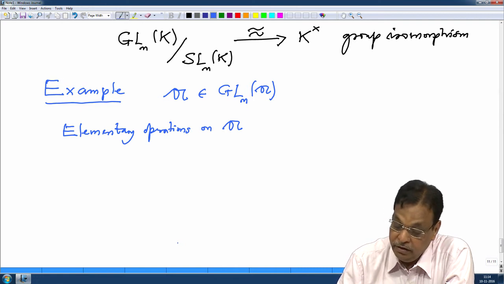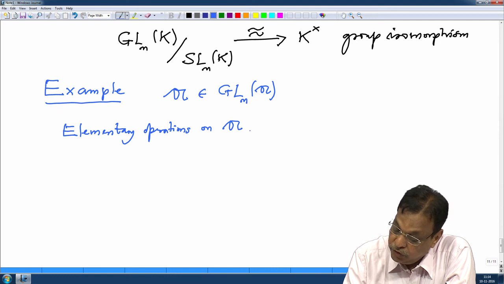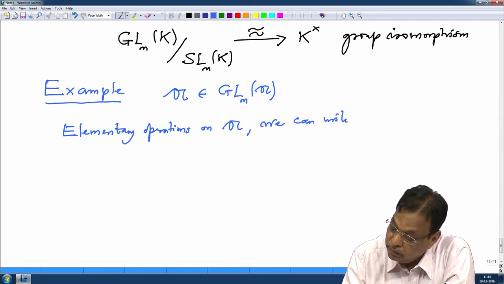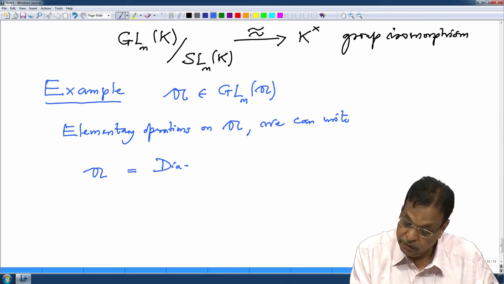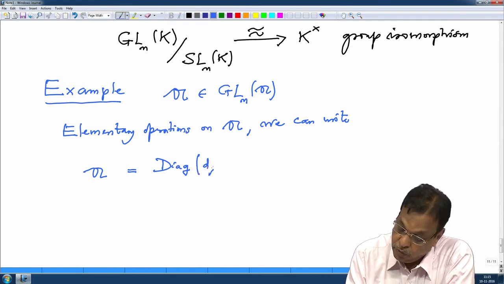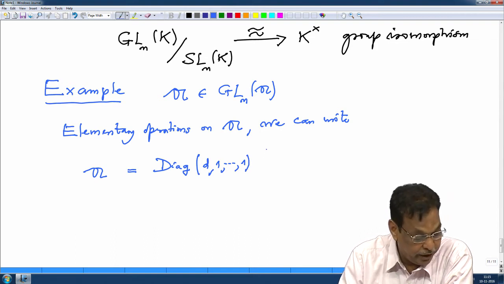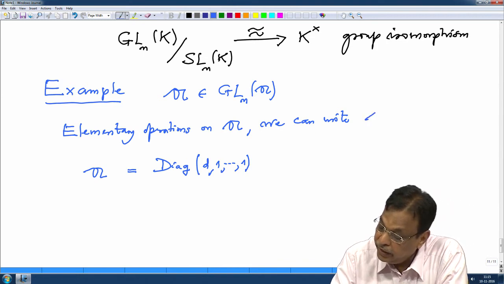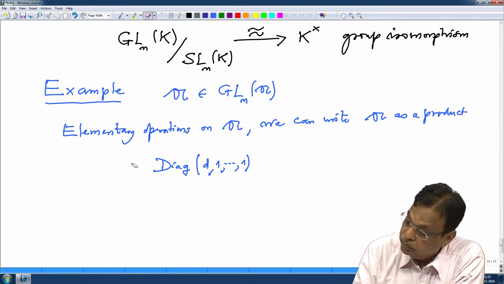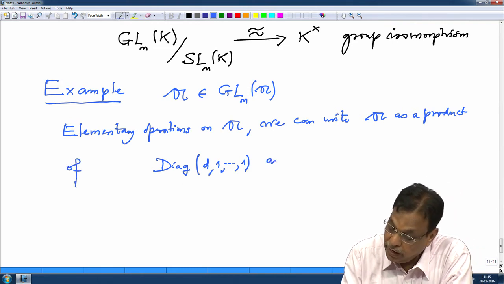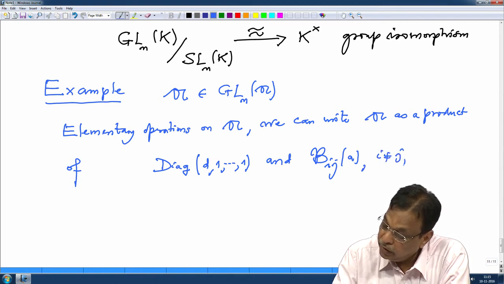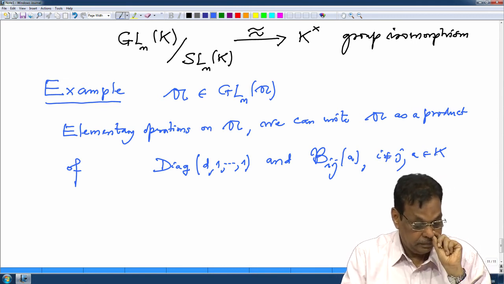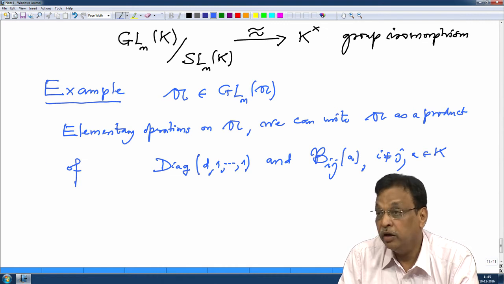we have written this A, so we can write A as a product of a diagonal matrix diag(d, 1, 1, ..., 1) and elementary matrices B_ij(a), where i is not j and a is in K. This we did very carefully in that elementary matrices product.